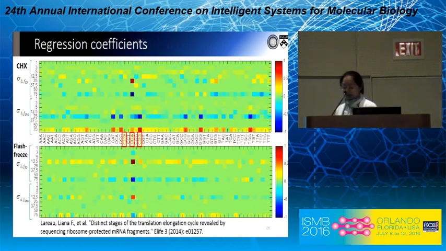Another property of this method is that because we impose a sparsity constraint, we can check the regression coefficients and see how often these predictors have been selected. Here I'm showing cycloheximide on the top and flash freeze on the bottom, and there are a few interesting features, like CCG being selected in flash freeze.